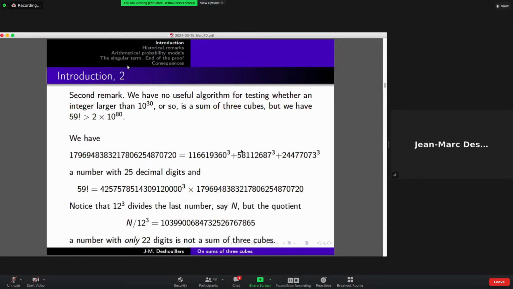If you take 59, for example, then you have exactly the same thing, but this number has 25 decimal digits. So it turns out that in some cases you have a cube-free part, again divisible by 12 cubed, that may be large or not.